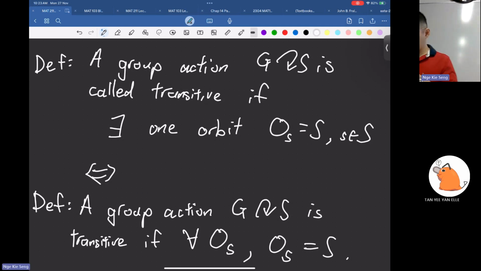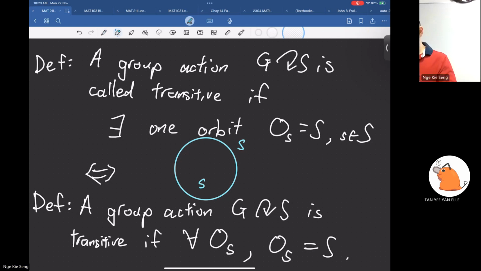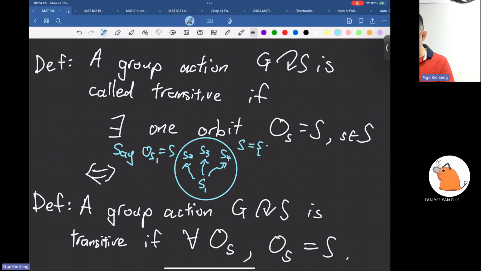So the idea is like this. So you got S here, and let's say you got OS1 equal to S. Okay, and then I can reach from X1 to X2 to X3 to X4 if my X is equal to X1, X2, X3, and X4.